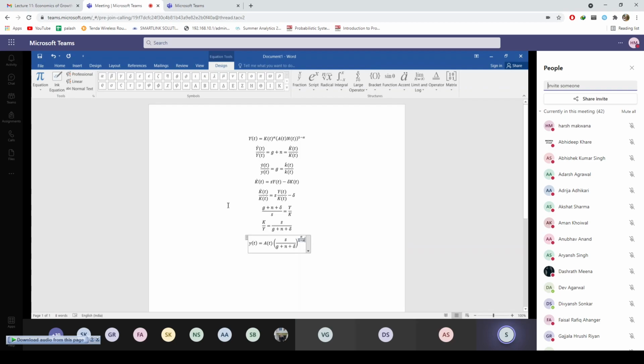Then I also know from this expression that my small kt and small yt can also be written as, in this case, into small kt to the power alpha.